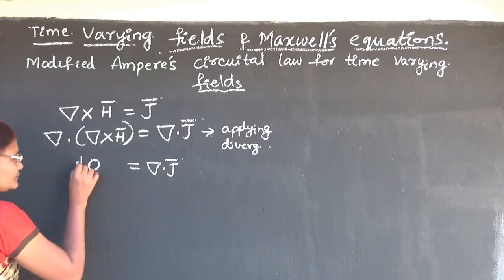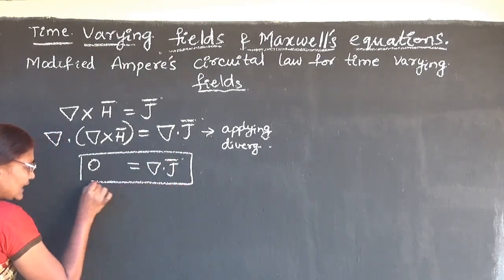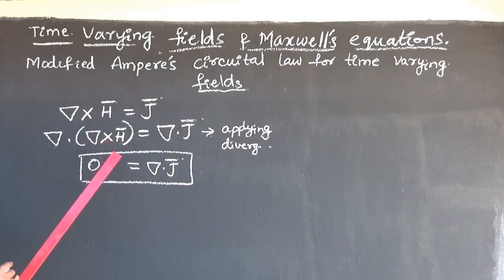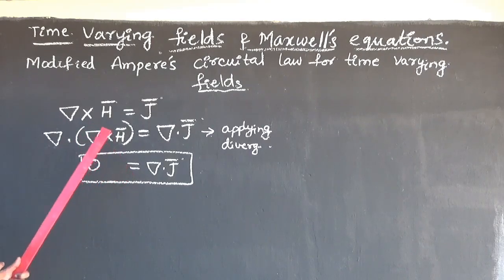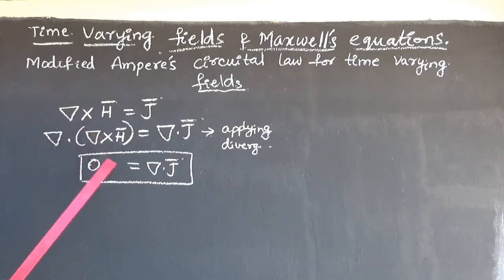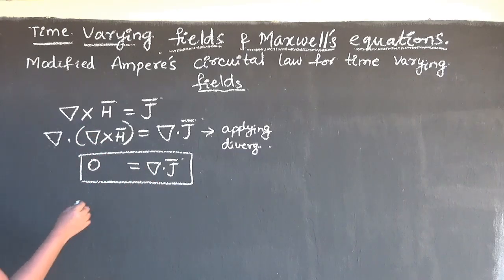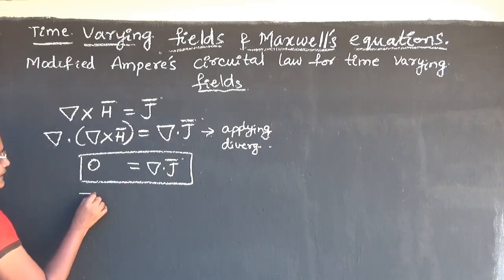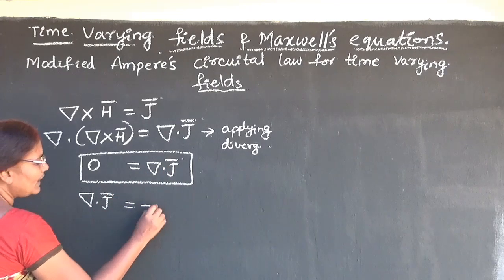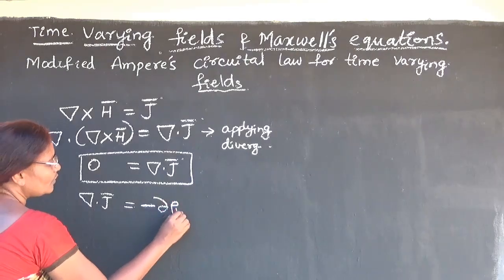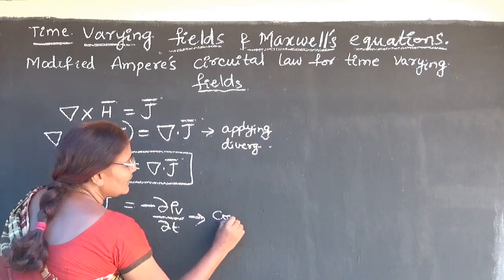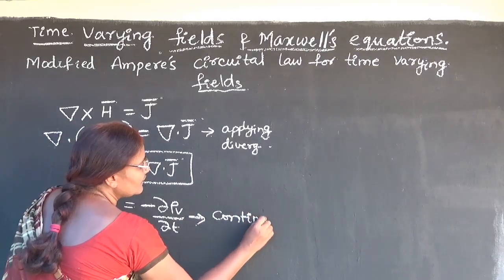This is the formula we will get when we apply this to the time varying field. But actually del dot J bar is equal to minus dou rho v by dou t. This is from the continuity equation.